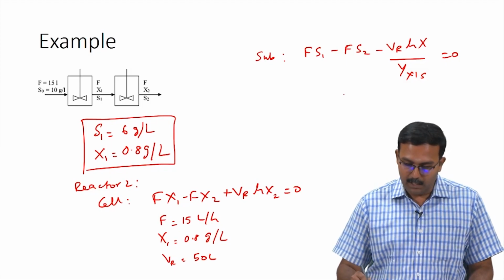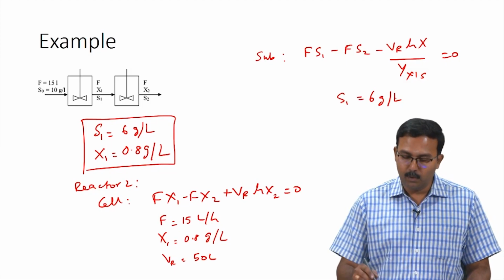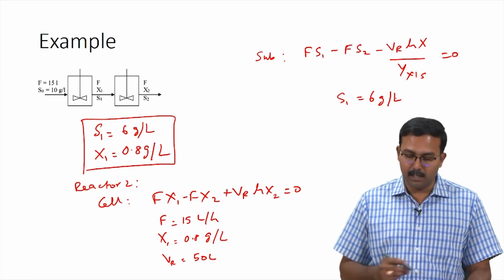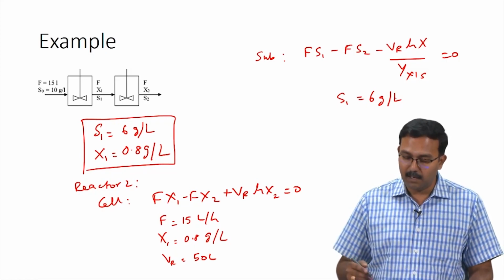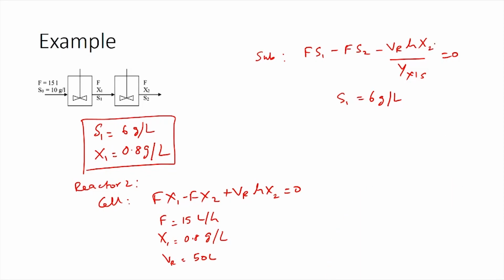Here again we have already calculated S1 as 6 grams per liter. F and Vr have been given to us, and again this would be x2. So, we again have two unknown variables. Yxs is again known to be 0.2 grams per gram. So, with all the other variables known we are left with mu and x2.